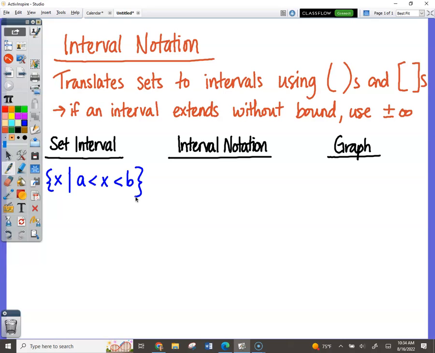That doesn't make sense. You always read it from x. So let me start again. We have the set of numbers x such that, go to the middle, x has to be greater than a and at the same time less than b. Does that make sense? So it's got to be greater than a minimum number and smaller than a maximum number.